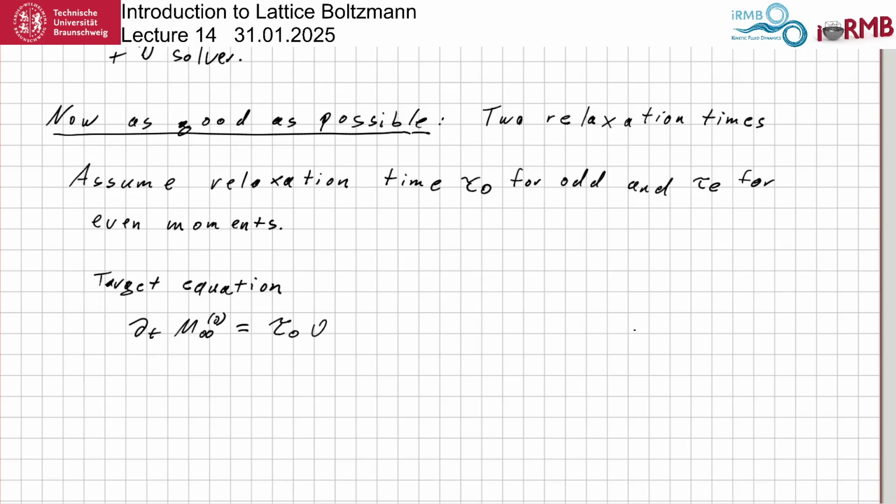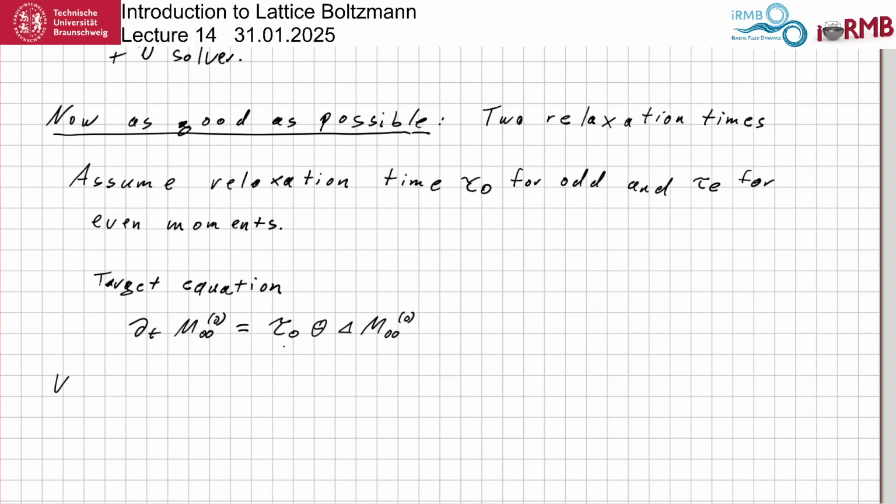Tau odd is the one that determines the diffusion coefficient, and tau even did not appear in our equation, so this is important, yeah? Only the odd part appeared in our equation, tau even did not appear in our equation, so it's a free parameter for us, again.